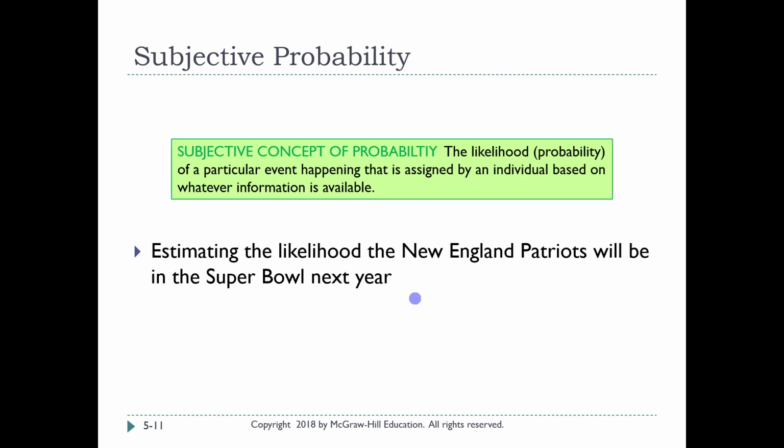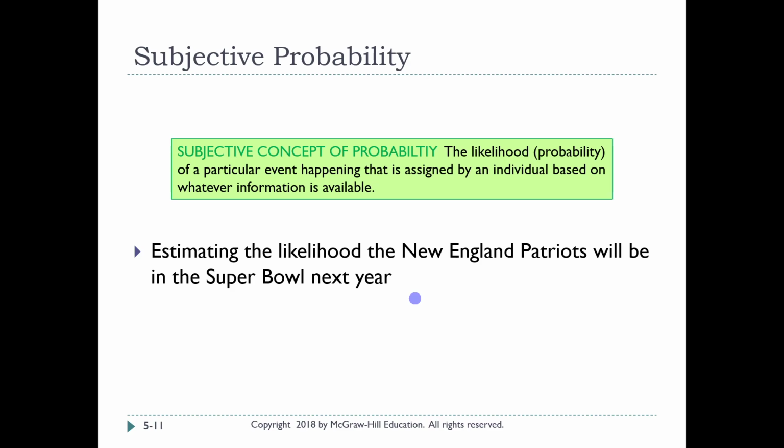If we relied simply on empirical probability, we might say they have a 25% chance of winning the Super Bowl. But there's probably other information that makes this a unique situation, right? They no longer have who some consider the greatest quarterback of all time. He's no longer on the team. So the past events may not be as applicable here.